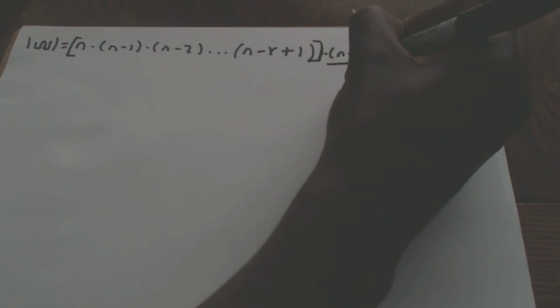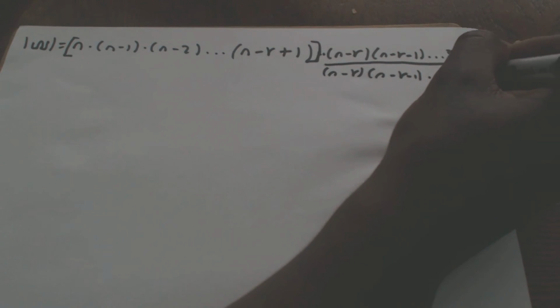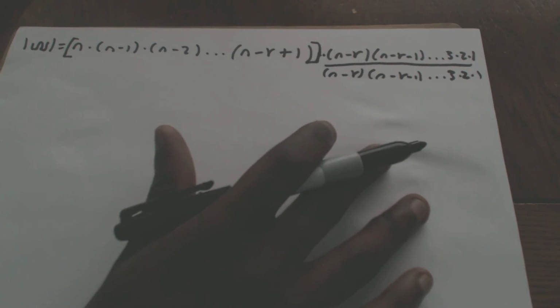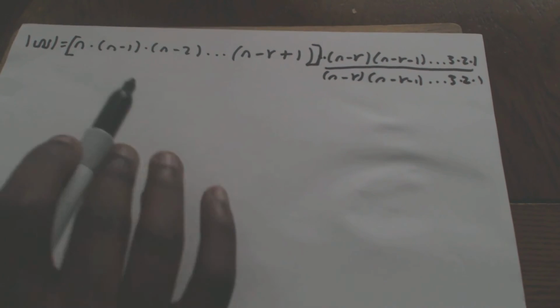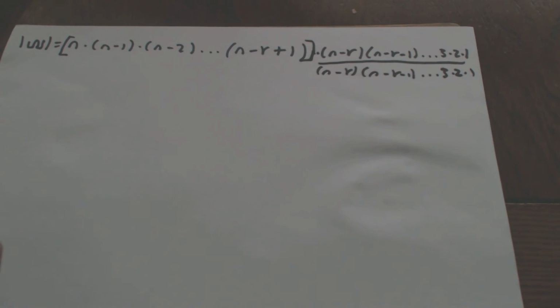So I'm going to divide by n minus r minus 1 all the way down to 3 times 2 times 1. Because obviously I don't want my sample space affected. This is the same as doing 7 times 5 over 5. It's still going to be 7, right?